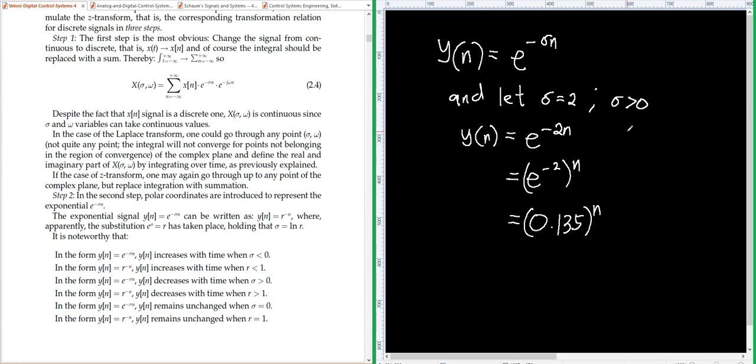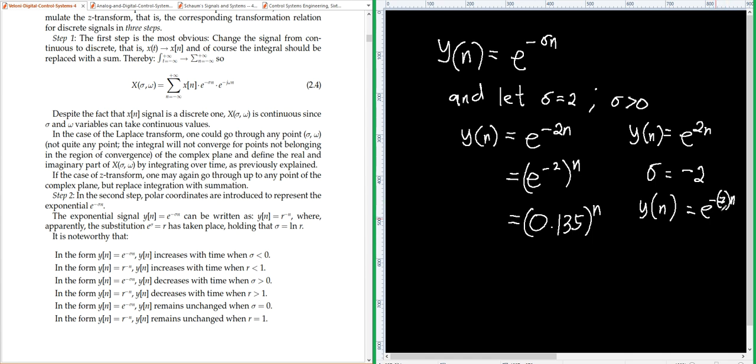So if we have lambda less than 0, for example, we have here yn equal to e to the positive 2n. Let's say your lambda here is equal to negative 2. So that will become yn equal to e to the negative negative 2n.